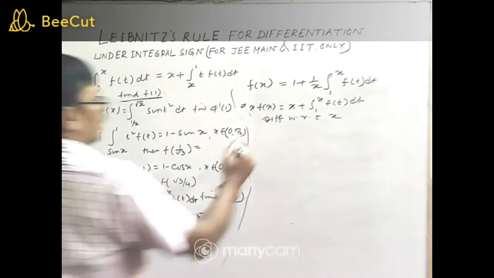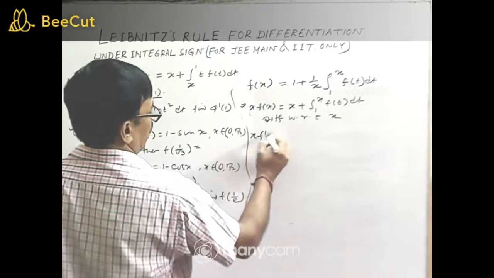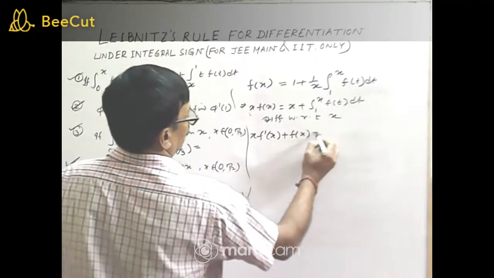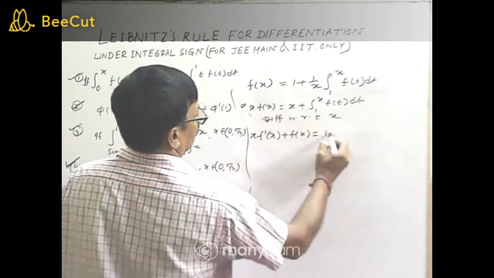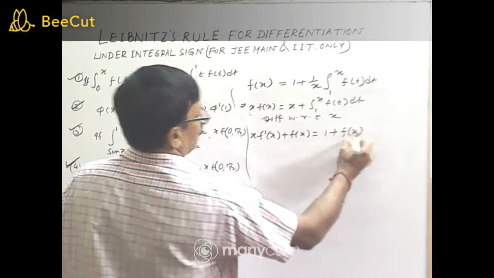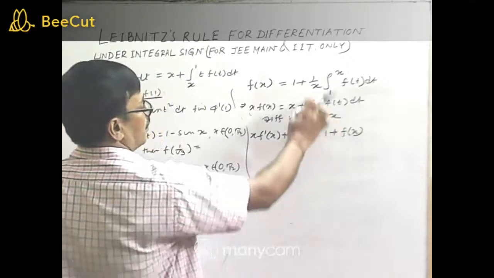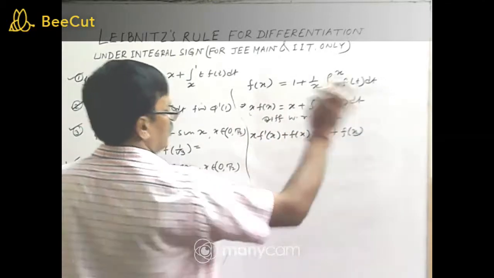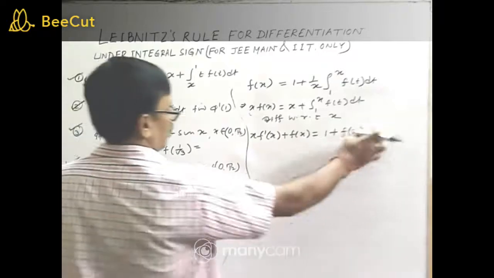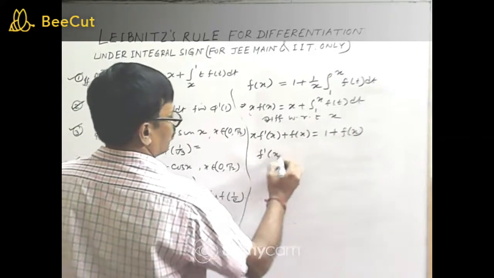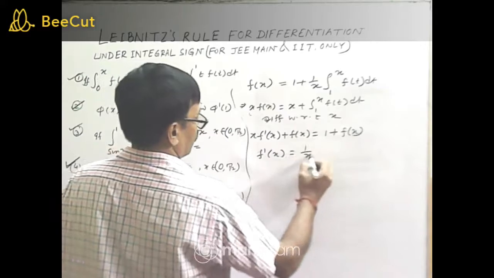So x f'(x) + f(x). Derivative of x is 1 and t is replaced by x. So f(x), derivative of x is 1. Since lower limit is 1, so it is minus 0. So f'(x) equals 1 by x.